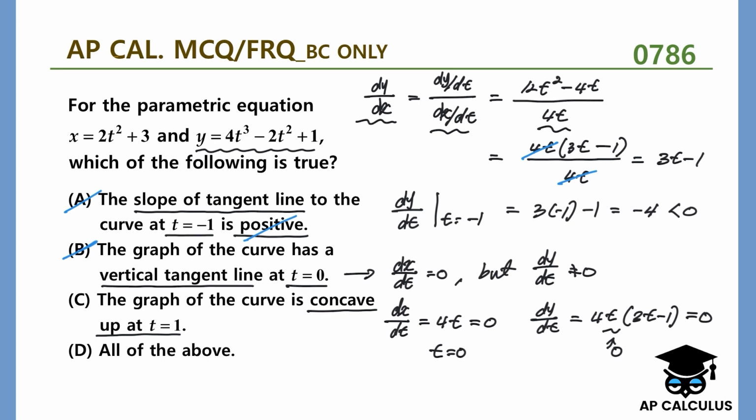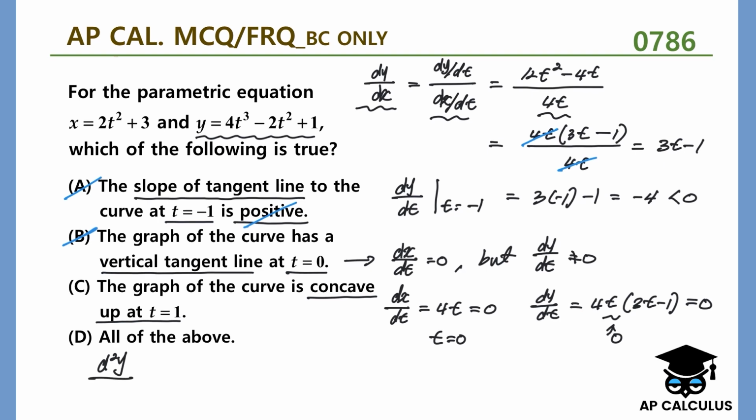Our second derivative is equal to the derivative of the first derivative with respect to x, but since our first derivative is in terms of t, we're going to differentiate this with respect to t, so over dt here, right?